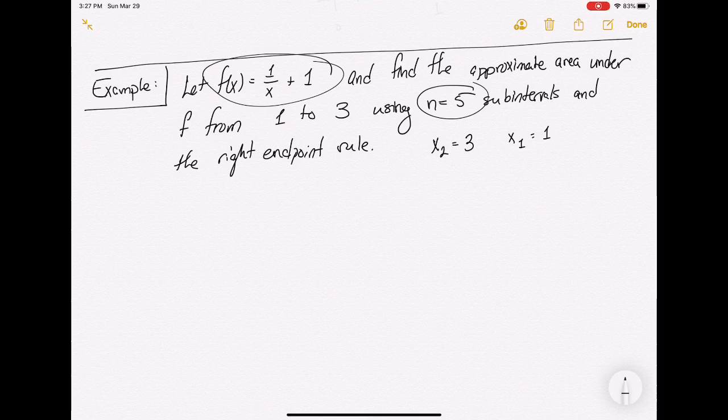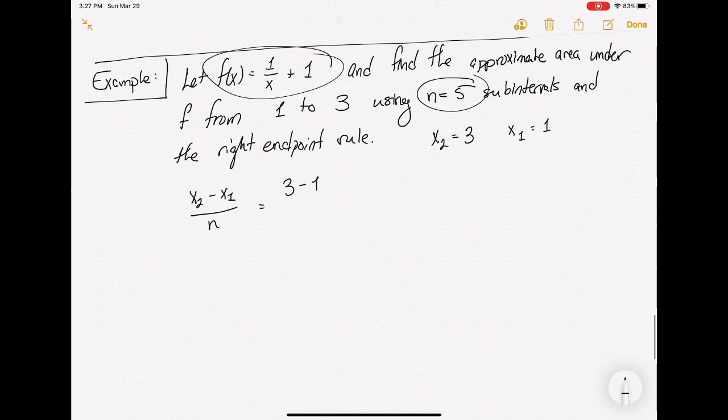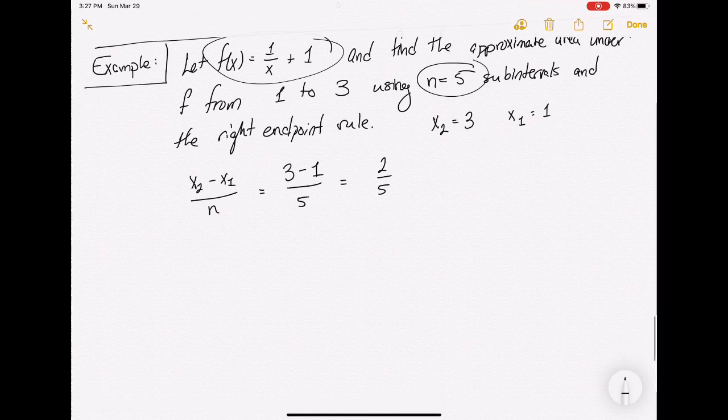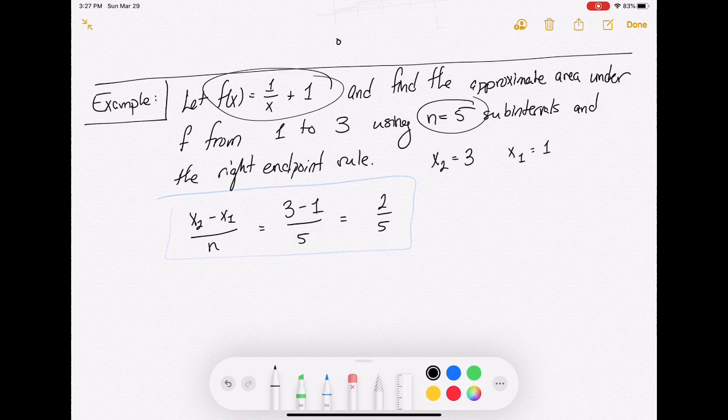Which means that you always kind of want to calculate this piece, x2 minus x1 over n, right away. What is 3 minus 1 over 5? That is 2/5. So just keep in mind, this quantity here is 2/5. Every time this x2 minus x1 over n quantity shows up, just think about it as 2/5.